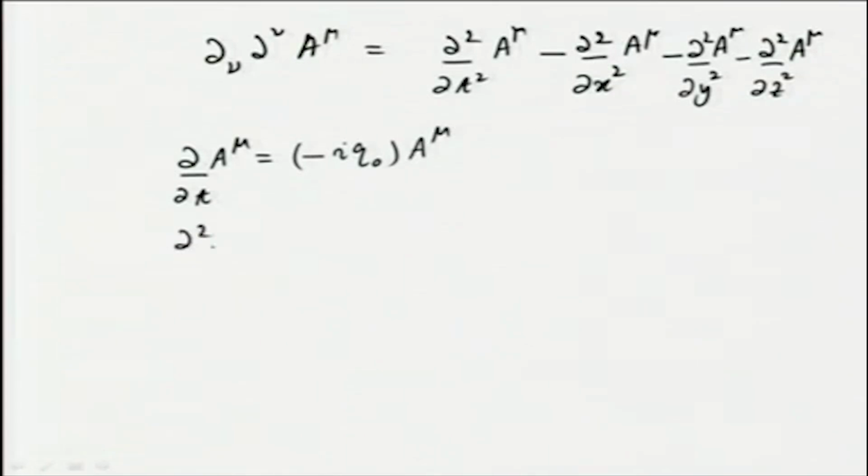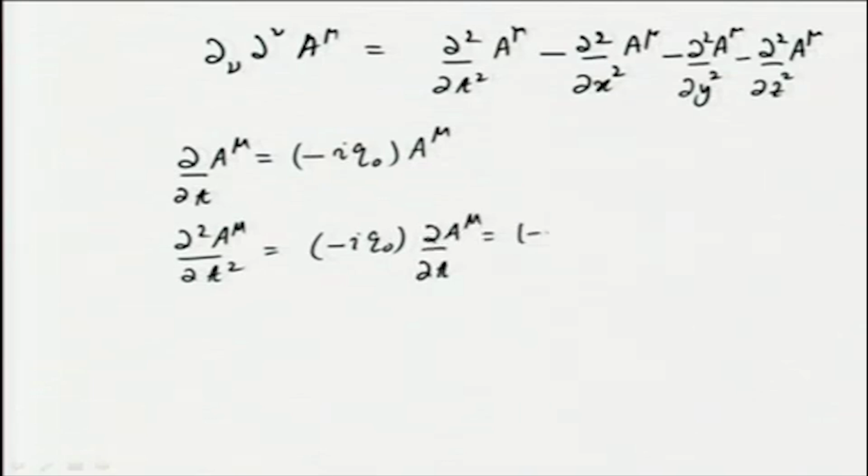So dou square A mu by dou t square is equal to minus I q 0, independent of t, and dou by dou t acting on A mu, which is another minus I q 0 A mu, which is equal to minus q 0 square A mu.